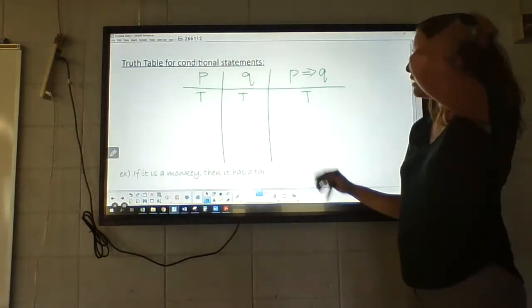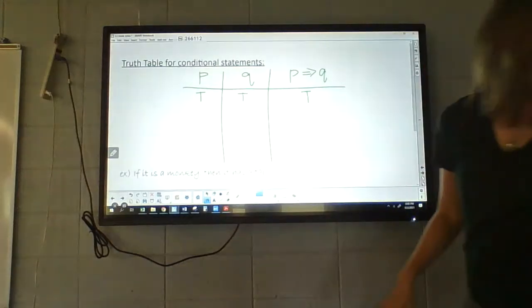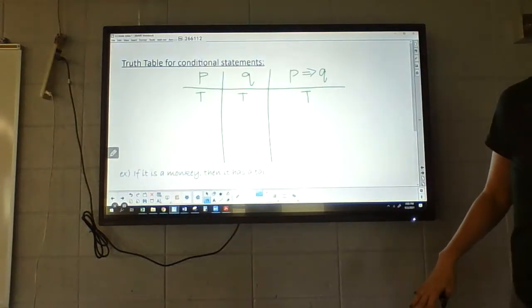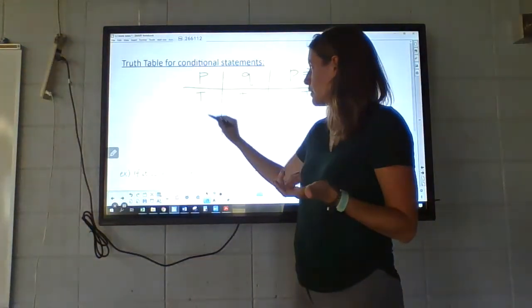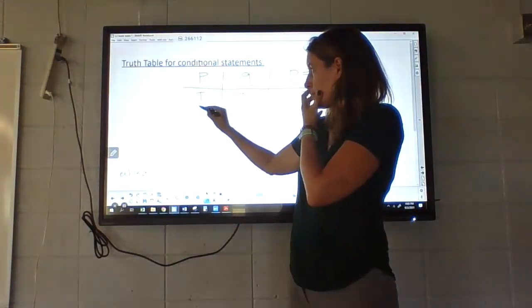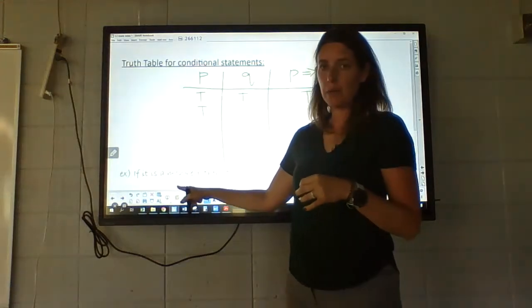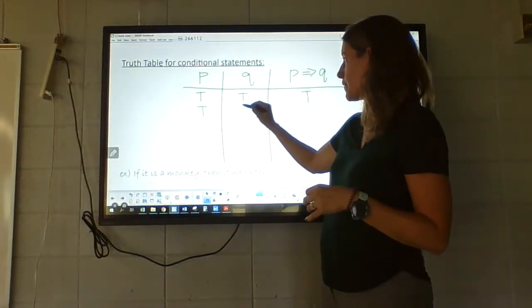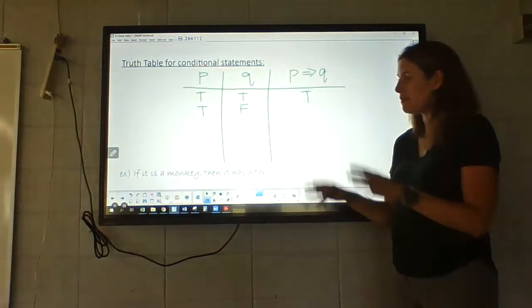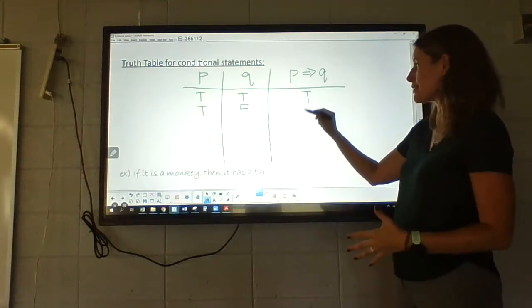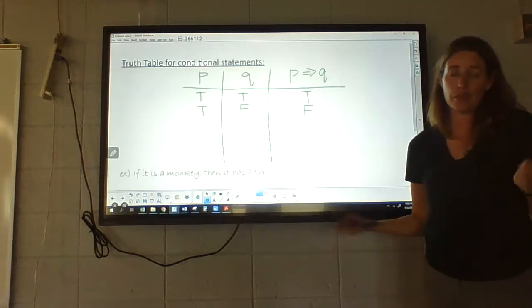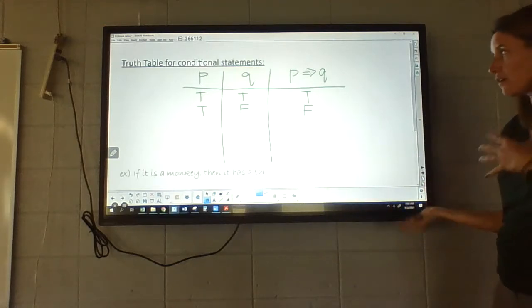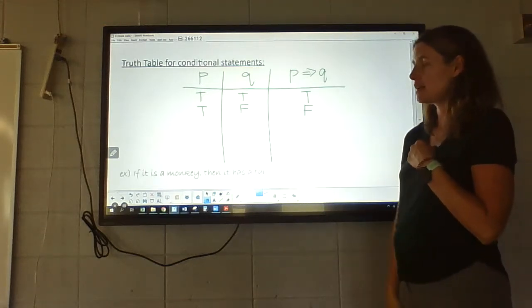Then, if it's a true statement to begin with, so if it's a monkey and then we find one without a tail, that's false. That means this statement's not a true statement. You're saying, well, there could be tragic monkey accidents without tails. So that would make this statement false.